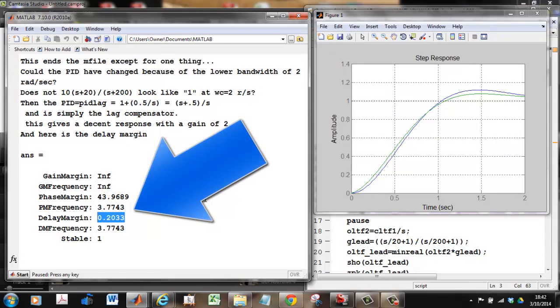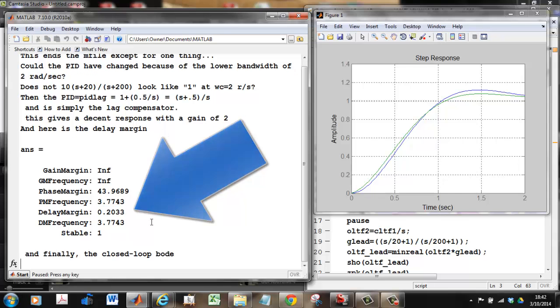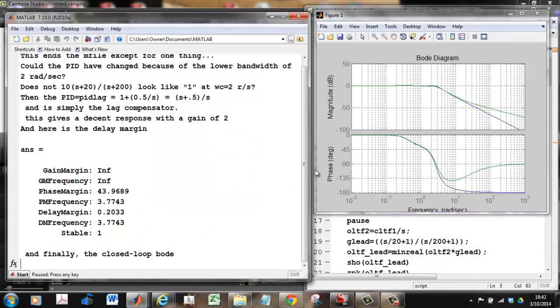So we could have a time delay of up to 0.2 seconds before the system would go unstable. Here's the closed loop Bode of the system with the PID acting as a lag compensator, or the lag compensator by itself. And again, I see up until the bandwidth of 2, the systems basically overlay with each other.